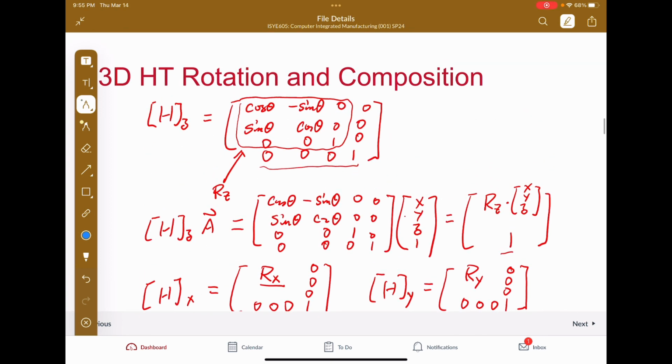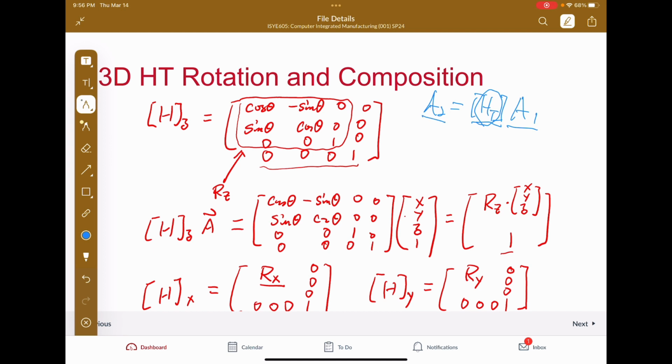For example, we have a1, which is the first point, and after a translate, this is the translate matrix. So after translate, we'll get a2, which is a new point, right? This is a transformation matrix.